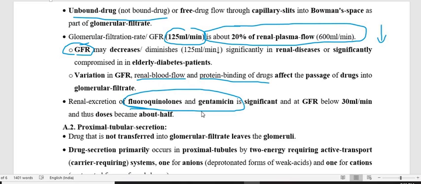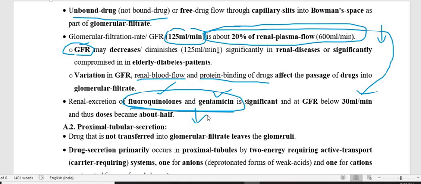Take these two examples. If the glomerular filtration rate is reduced from 125 ml per minute to 30 ml per minute, then the dose of the fluoroquinolone group antibiotics like ciprofloxacin, norfloxacin, enrofloxacin, gatifloxacin, levofloxacin, and also the aminoglycoside antibiotic gentamicin, gets reduced to half.